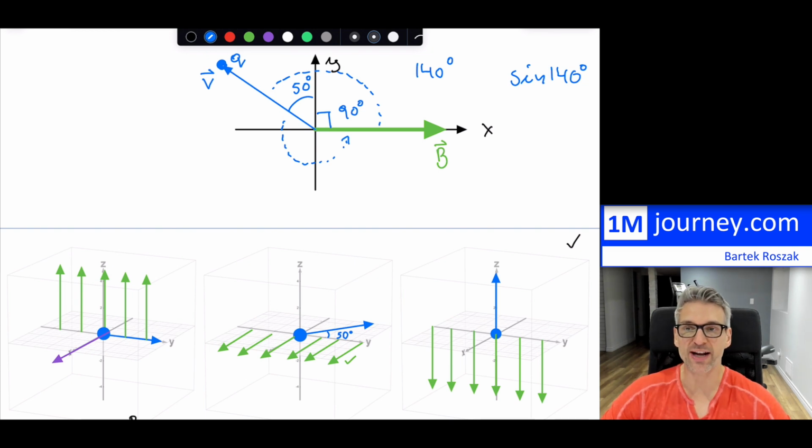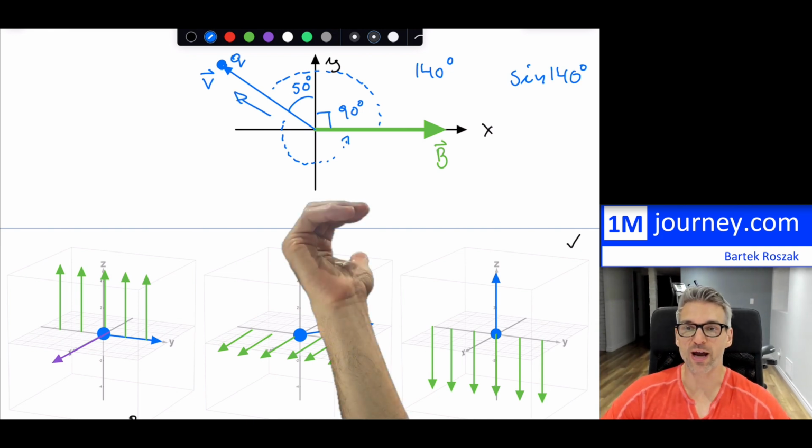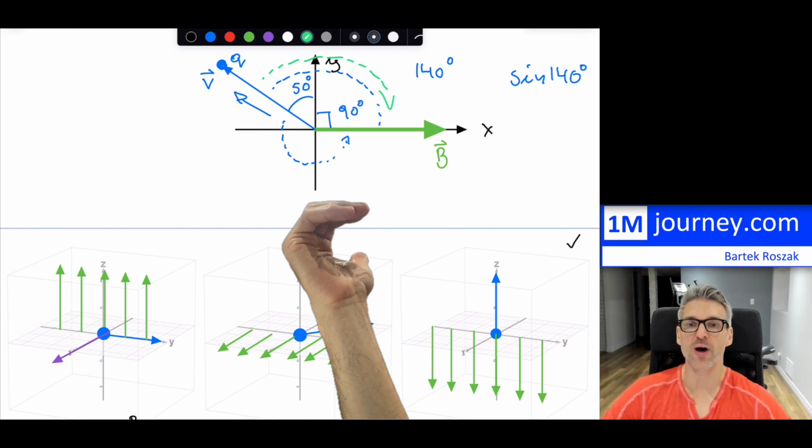And now the direction: you have to point your fingers in this direction with your right hand, as you see there on the screen, and you're going to have to curl your fingers towards this direction with your right hand.